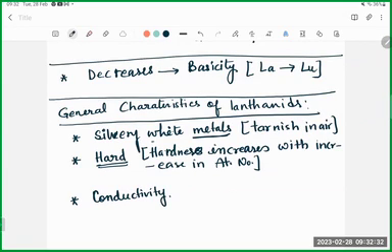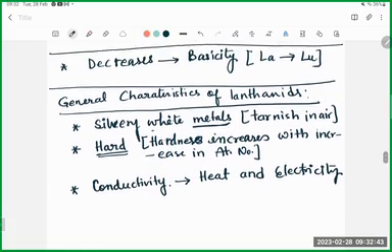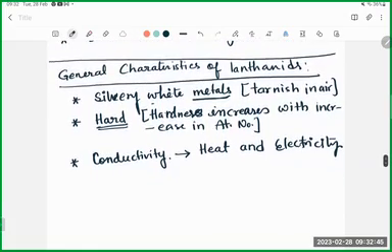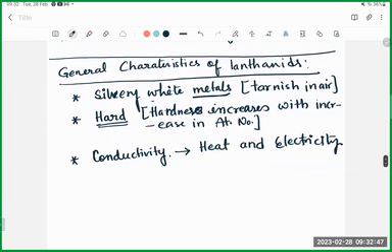So conductivity is shown by them. This is the most important property. They conduct both heat and electricity. Clear? Yes, ma'am. Okay.